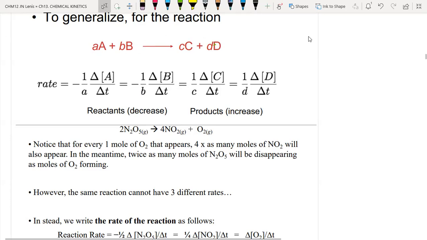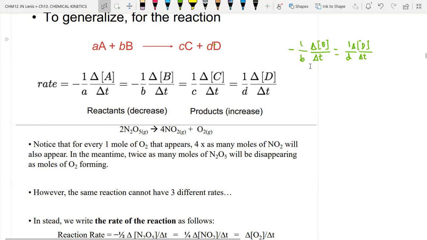you only need to relate these two. You say, okay, so minus 1 over the stoichiometric coefficient of B, which is 1 over B, times the change of concentration of B over the change of time is equal to, this product is forming so it's going to be positive, 1 over the stoichiometric coefficient of D times the change of concentration of D over the change of time.